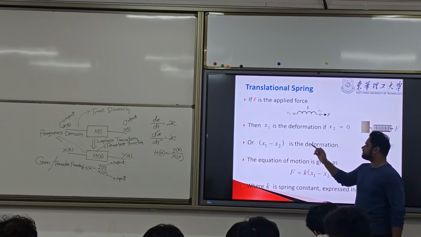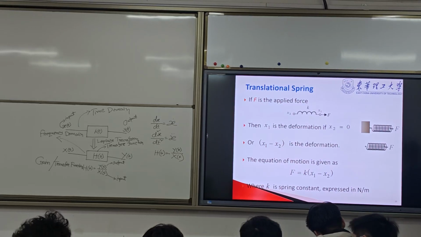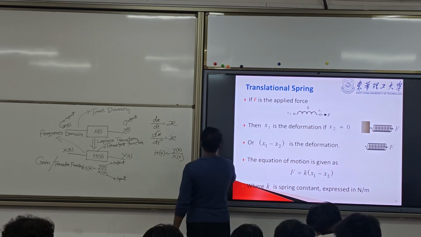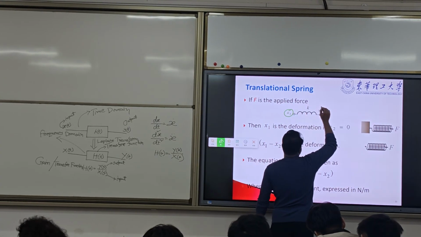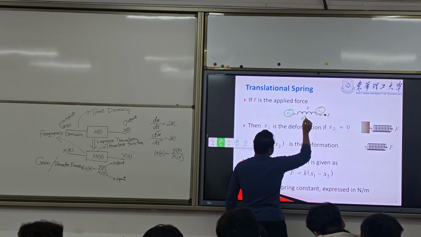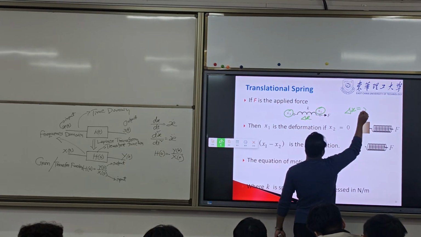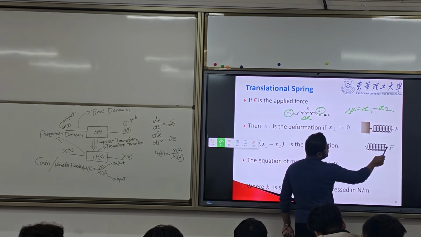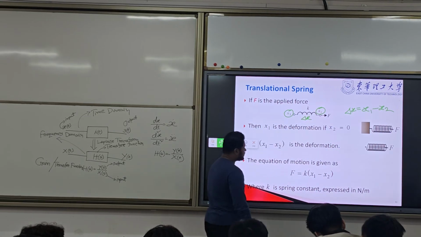If F is an applied force, and we have a deformation from x1 to x2, this one we call del x. So del x will be x1 minus x2. Look at this deformation: apply a force and it will change its position.